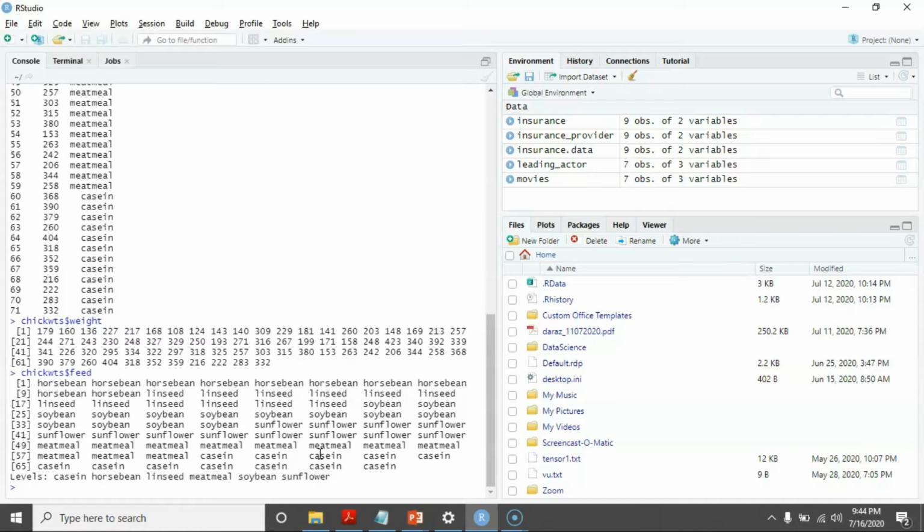Okay, so these are the two attributes, weight and feed, and we want to perform basic analysis using these two attributes, weight versus feed. After looking into these two attributes, now I will be using tapply.